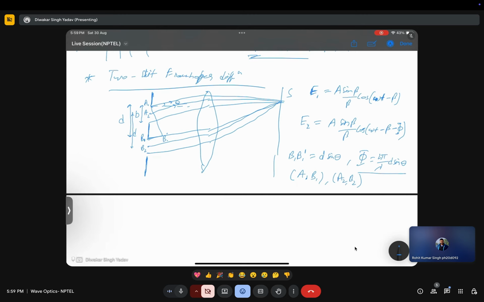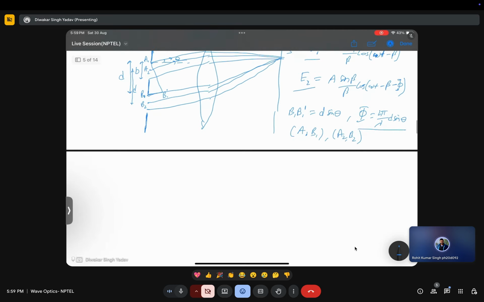That is the only difference here, that now we are considering divisions of individual slits. Now these two, E1 and E2, are the resultant electric fields due to slit 1 and slit 2, and now they will interfere. Interfere means they will just add up, right? So E equal to E1 plus E2.